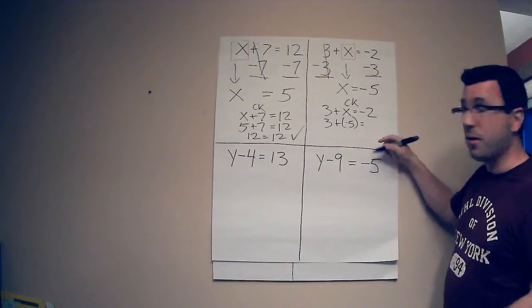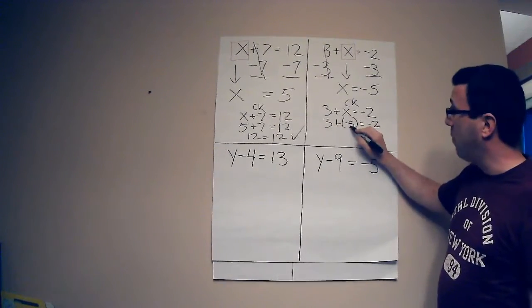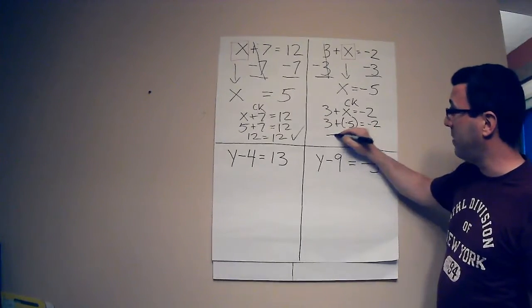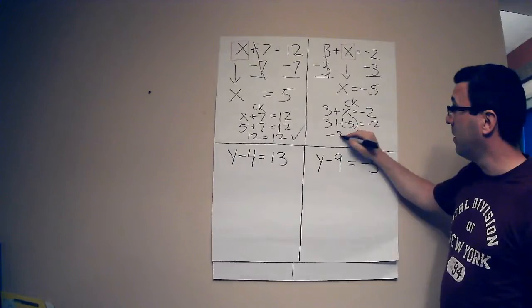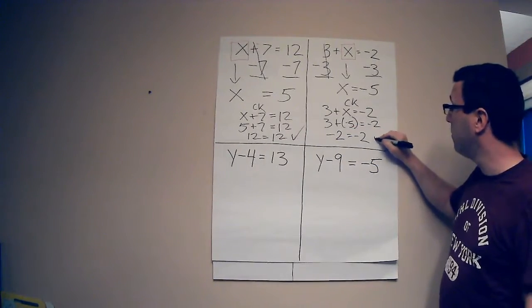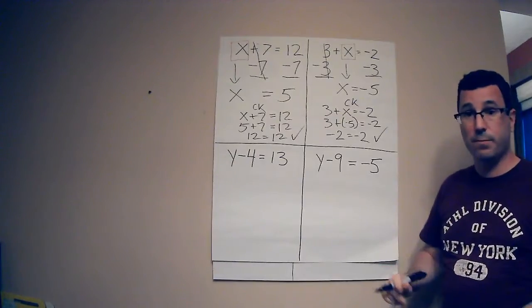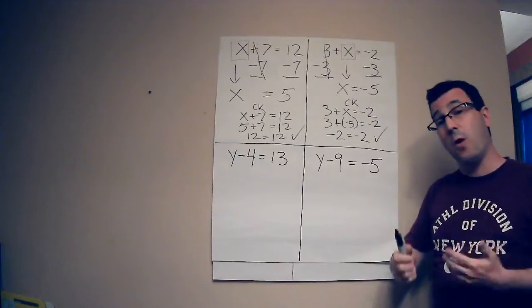That's why we put it in parentheses. Equals negative 2. And when I add these, I'm more negative, so my answer is going to be negative. And then I subtract the 5 and the 3. 5 minus 3 is 2. So I have negative 2 equals negative 2. That checks. So that's one-step equations that involve addition.